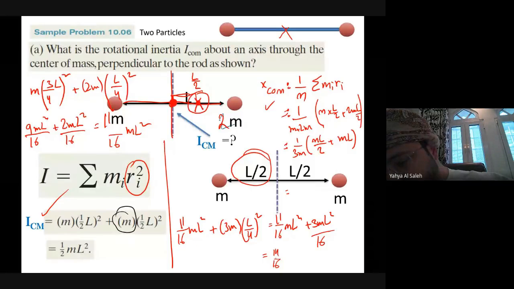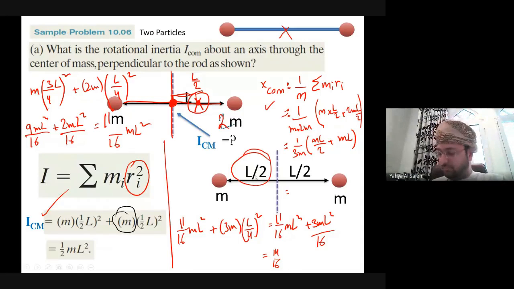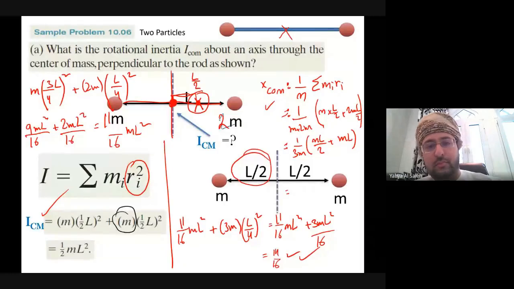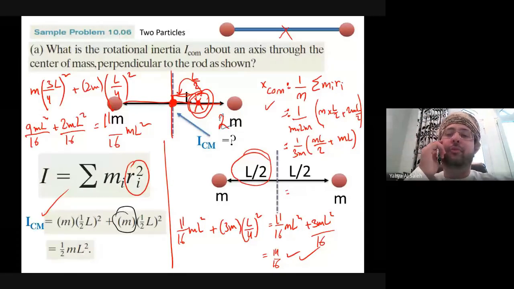Okay, so even then, this works. So we find it around the center of mass plus M h squared, and we can find it at this point if we want to. But why? Just use the center of mass.